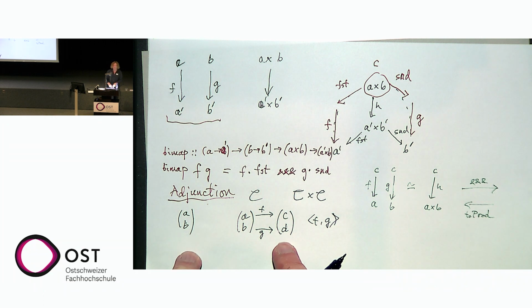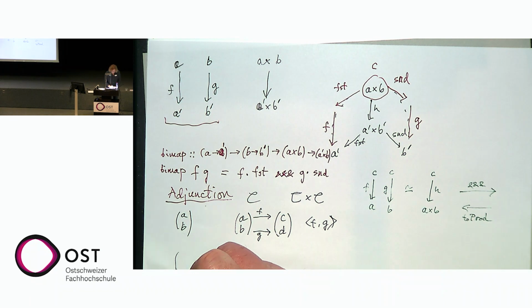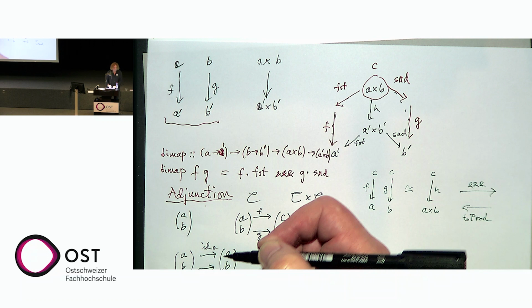Now you can convince yourself that this is a good category because what? It has composition. You can compose pairs of functions by just composing every element of the pair, right? Is there an identity? Okay, so an identity would go from AB to AB, and it should be a pair of functions, so you get ID at A and you get ID at B, right?